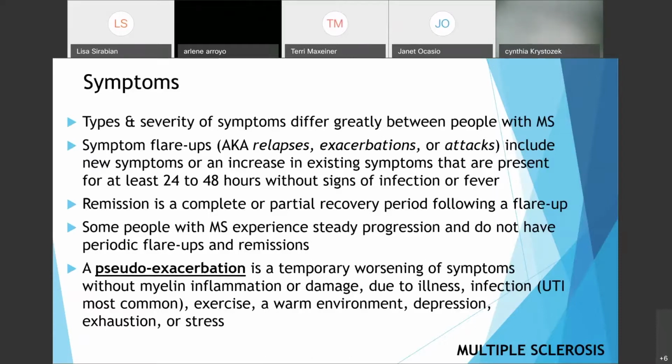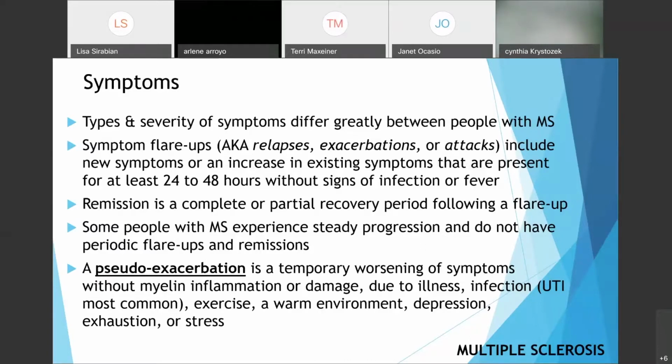And then they make the distinction that these symptoms are present for at least 24 to 48 hours without signs of infection or fever. I'm going to show you why we have to have that in the definition when we talk about pseudo-exacerbation in just a moment. So we've got symptom flare-ups, and then we have a time of remission. This is a complete or a partial recovery period following a symptom flare-up.